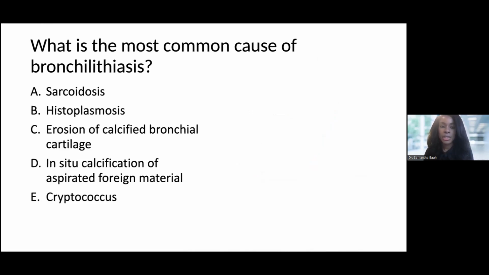And here's another question. What is the most common cause of broncholithiasis? Is it A, sarcoidosis, B, histoplasmosis, C, erosion of calcified bronchial cartilage, D, in situ calcifications of aspirated foreign material, or E, cryptococcus?